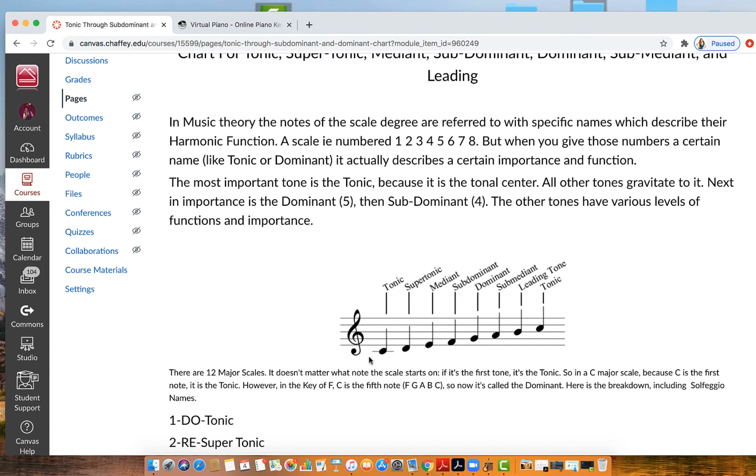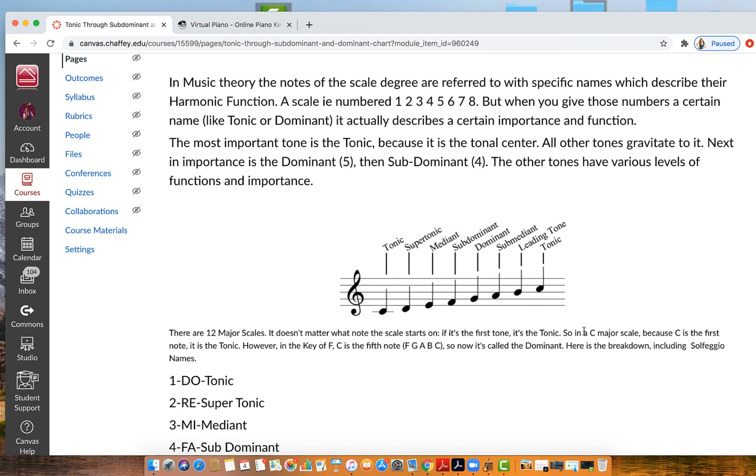So in the key of C, the most important tone is C. In the key of F, the most important tone is F. In the key of G, the most important tone is G. That's the tonic tone. So all of these other tones, they all have various levels of importance.